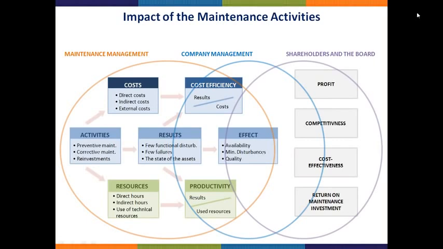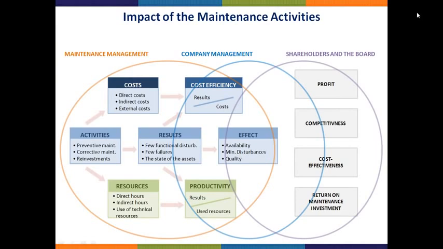So while we were talking about the impact of maintenance activities, obviously it's all related to cost efficiencies, and there is a direct relationship between activities and the results. On one hand, in this example, we are looking at the cost, resources, and productivity.